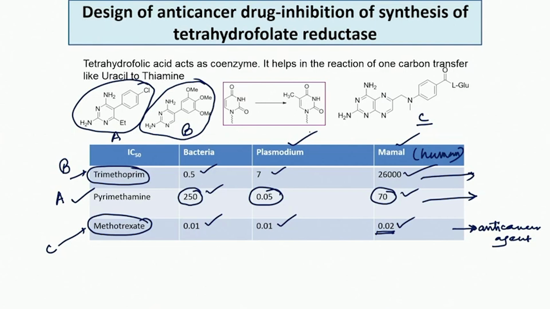So, that is converted into thymidine monophosphate. Okay. But this is a very important reaction. This methyl is the one which is transferred from a source to the uracil moiety, and thereby resulting in the thymine. So, if you stop this, how to stop this?